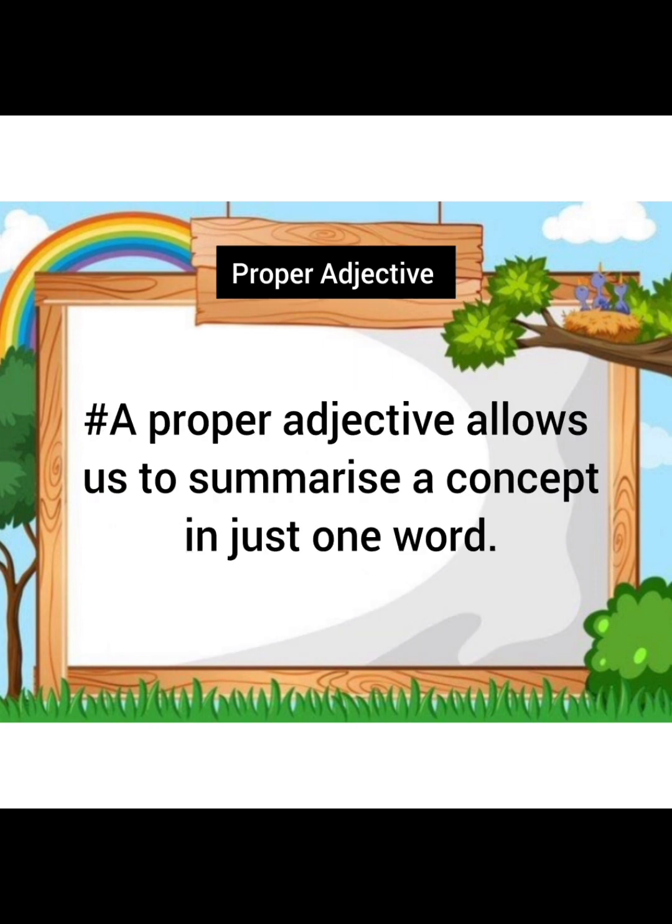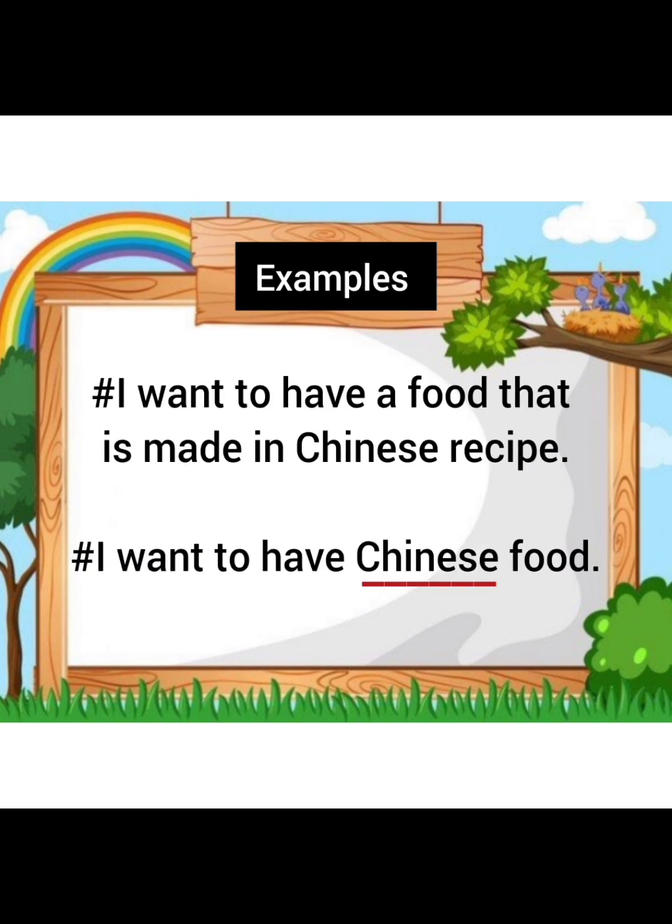A proper adjective allows us to summarize a concept in just one word. This type of adjective is used to summarize a full phrase or a full statement into a single word. For example, when you mention that today I want to have a food that is made in Chinese recipe, it's a kind of concept that has been explained in a full sentence.